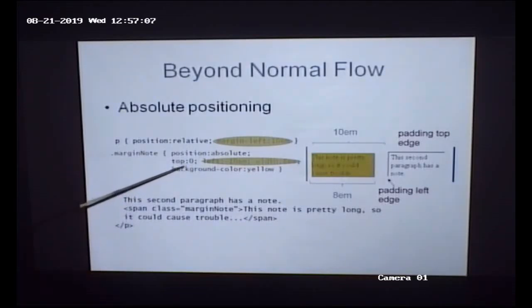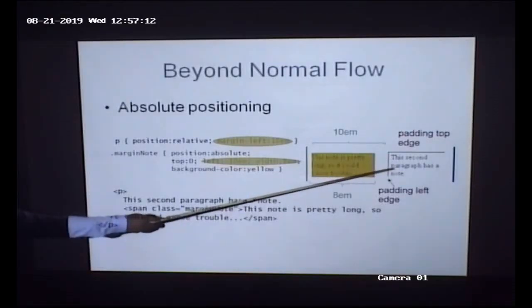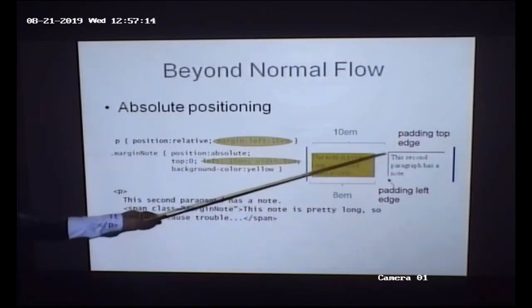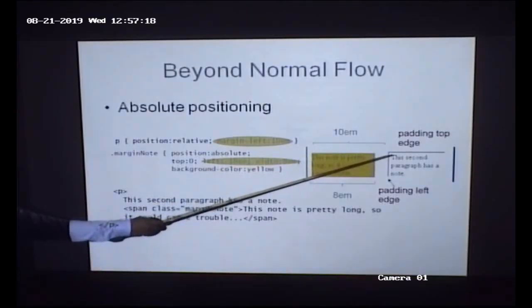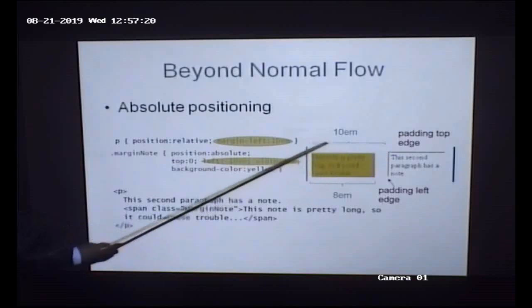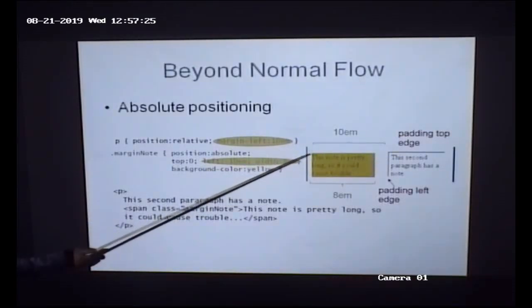So what happened? You see the previous one, this is the second paragraph. The absolute position will adjust to the relative position where the margin-left is 10 em. So that's why it comes to the top position.